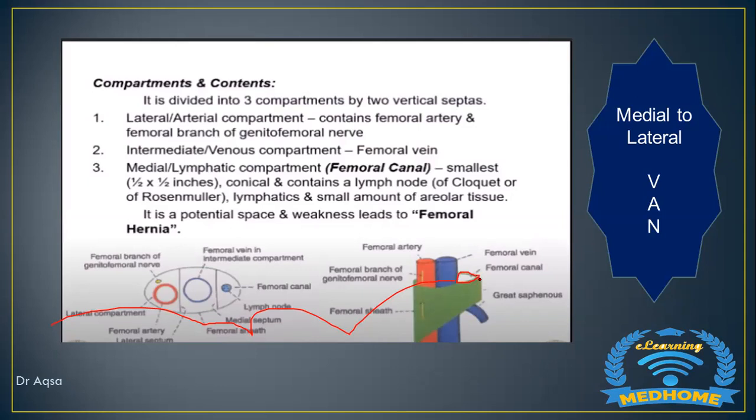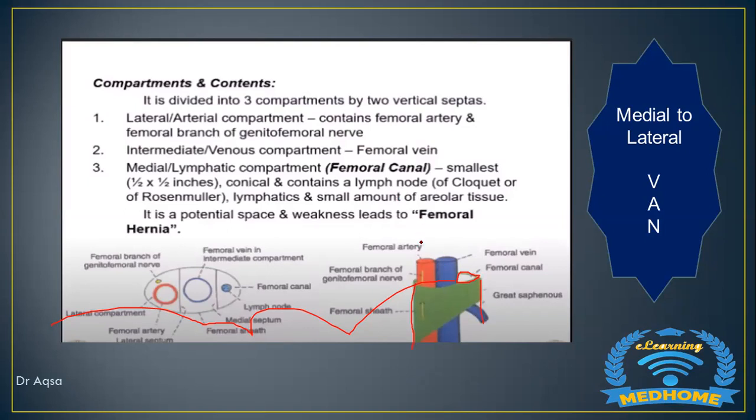From here, the whole of the femoral canal goes down, because the contents other than this are the femoral vein and the femoral artery. The shape of this femoral canal is oval, like the deep inguinal ring. And this femoral canal is bigger in females as compared to males.